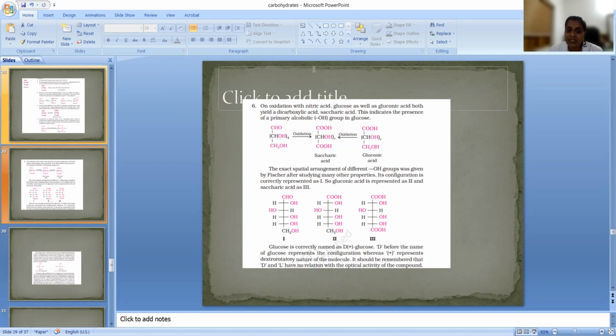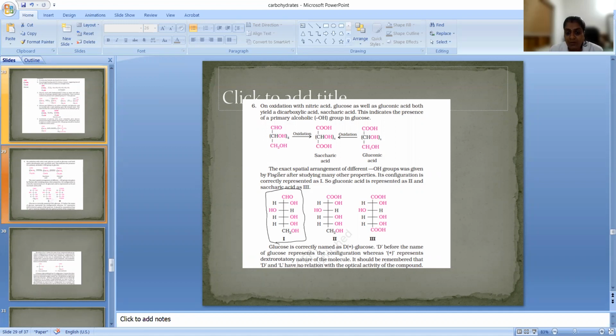After all these, we got a lot of ideas: it consists of a CHO group, it consists of a primary alcohol group, and it has 5 OH groups. All this we got from these experiments, and we confirmed the structure, its configuration, correctly represented as this. This is the configuration of glucose.